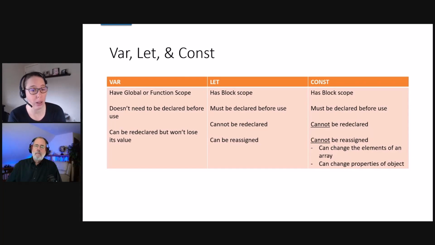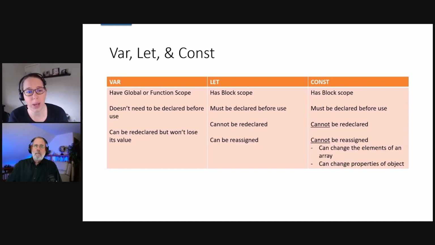So if you say, like a for loop, you use that example. So you could say for i equals 0, and you could then change the value of i during the loop. So that's that reassignment. It can get a new value, and that's like a number or a string or anything like that can be reassigned.